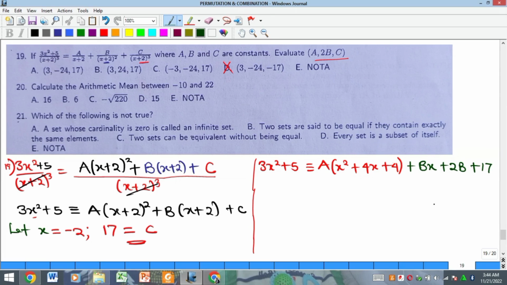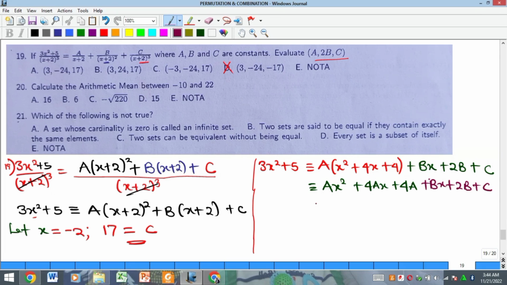Let's leave our c as c. And so what we now have here is that this is equivalent to, open this bracket, we'll have ax squared, then we'll now have 4ax, then we'll have 4a, and that is plus our bx, then plus 2b, then plus c.